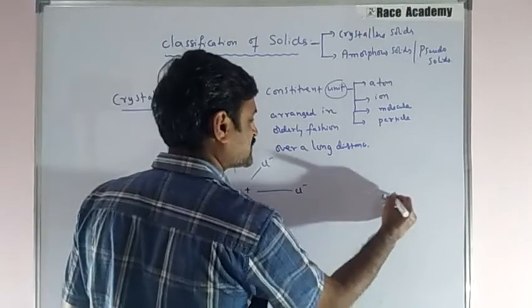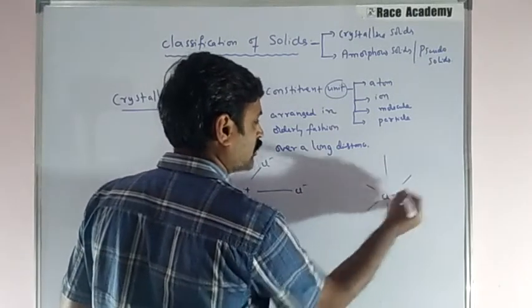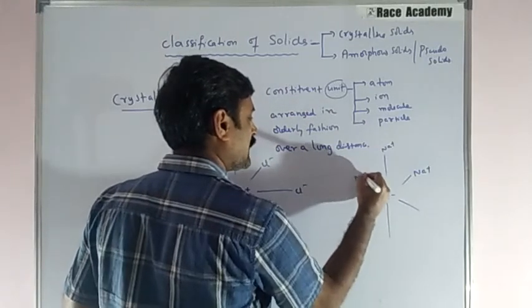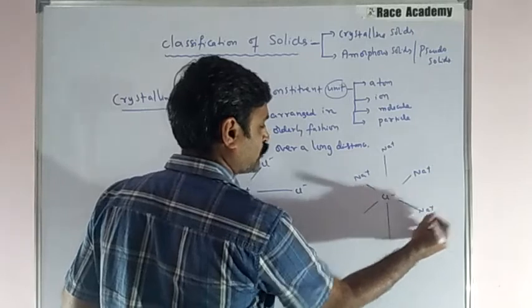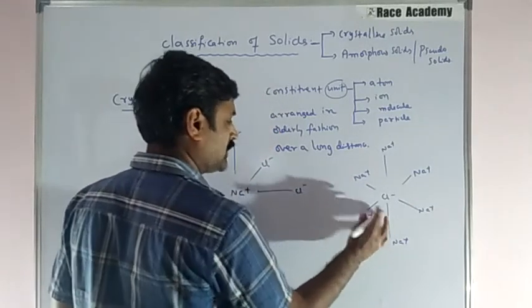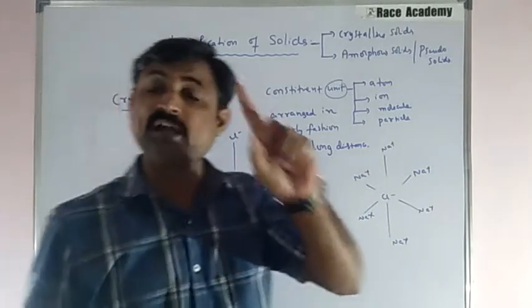Similarly, when you consider Cl minus ions, around that Cl minus ion also 6 Na plus ions are possible. That means how many Na plus ions are surrounded by one Cl minus ion, and how many Cl minus ions are surrounded by one Na plus ion.